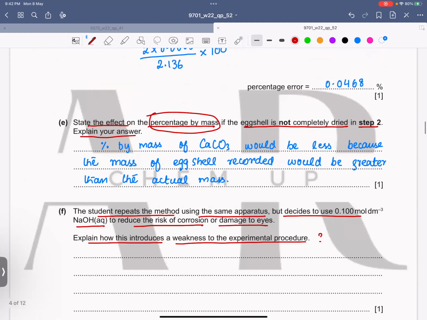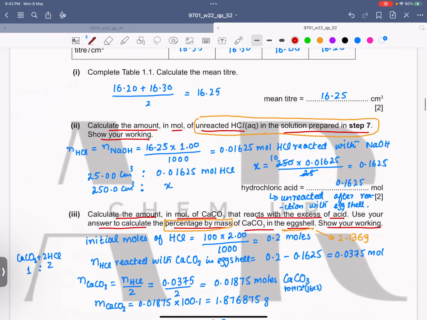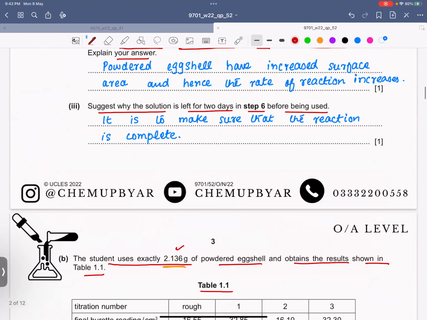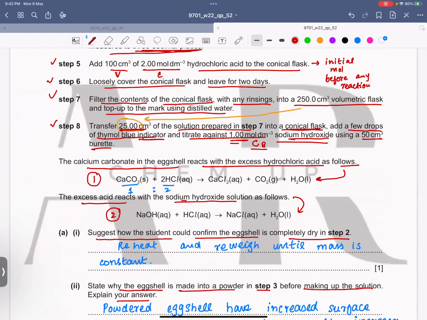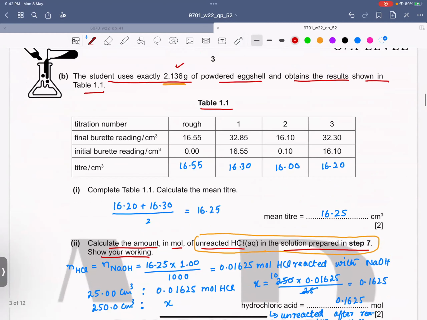Okay. So how much sodium hydroxide have we used? We have used 1 mole per dm cube sodium hydroxide, right? And for that 1 mole per dm cube sodium hydroxide, the mean titre would be 16.25, right?